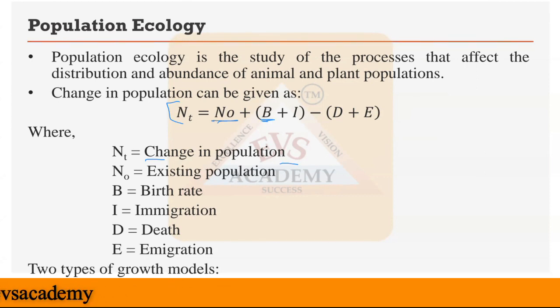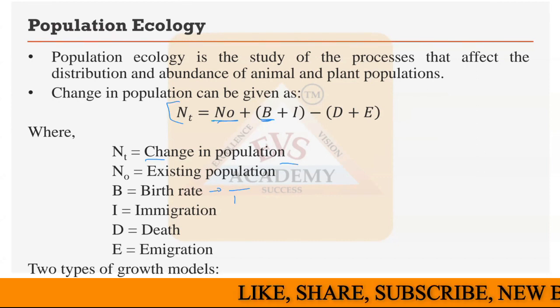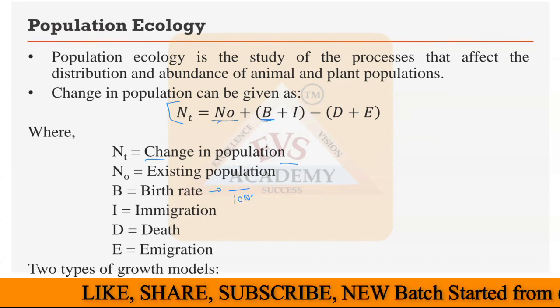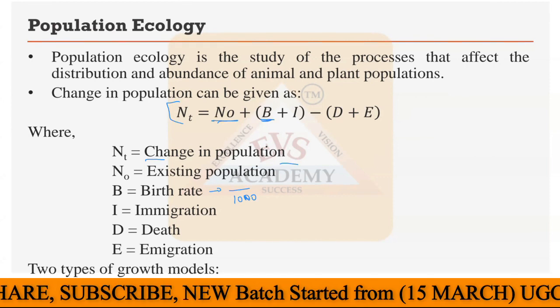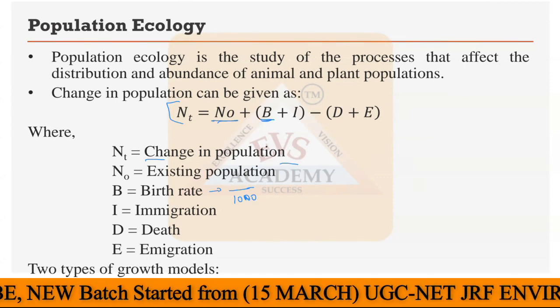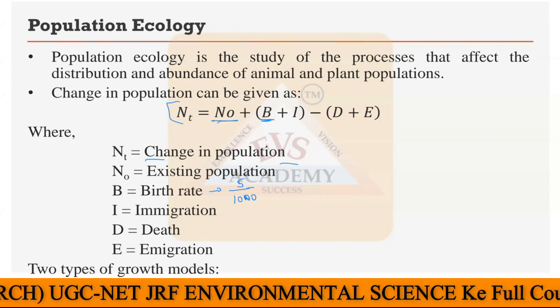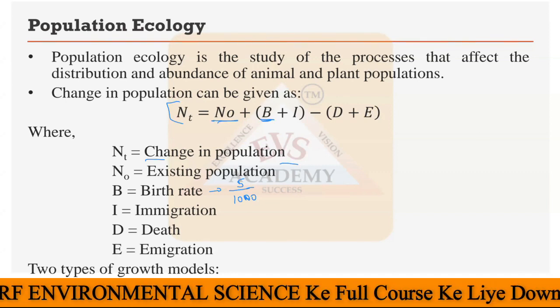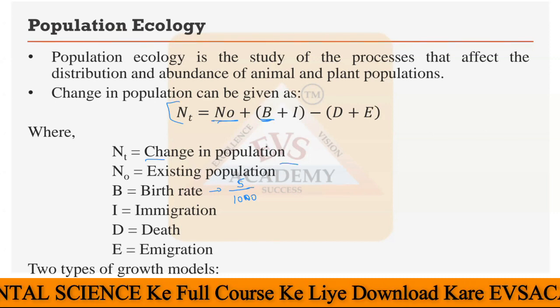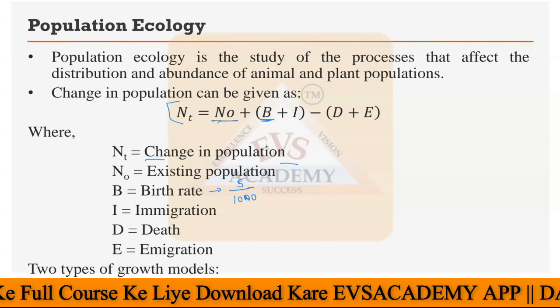B is the birth rate. Birth rate is generally defined in terms of per thousand. Suppose I say the birth rate is 5, what is the meaning of 5? It means that per thousand population, five is the increase in the number of population by the birth of new individuals.